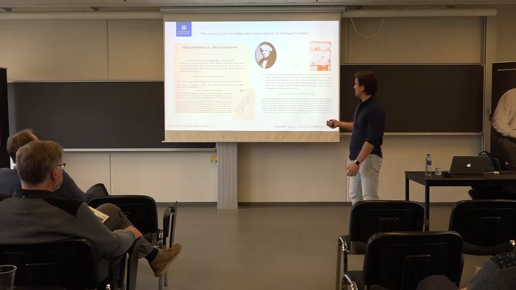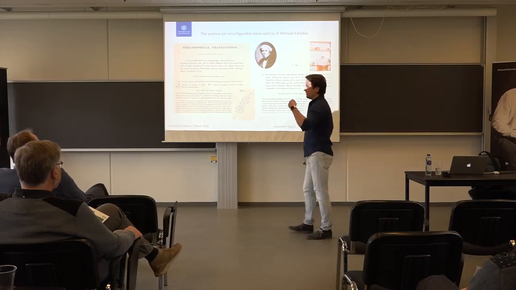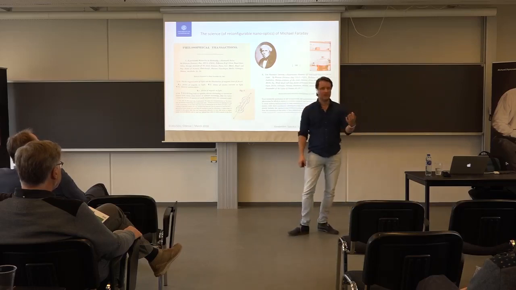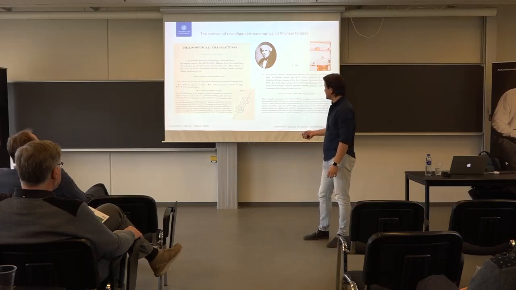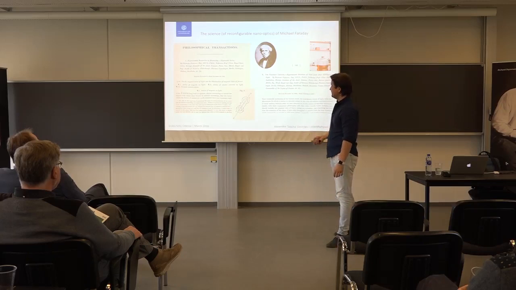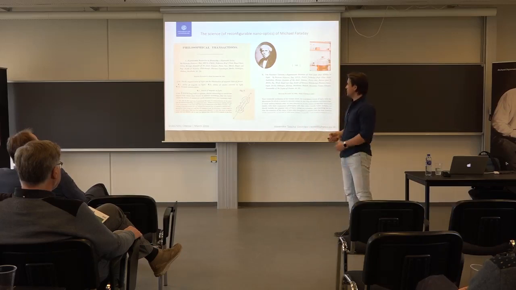So first he discovered magneto-optics. Magneto-optics is about applying a magnetic field to some transparent material, as pictured here in his original figure. It's the action of magnets on light.